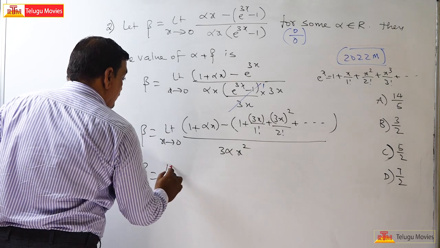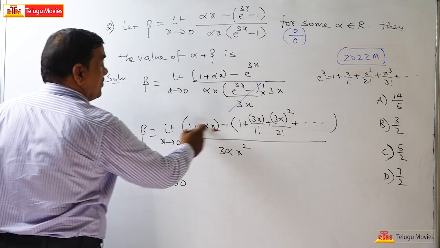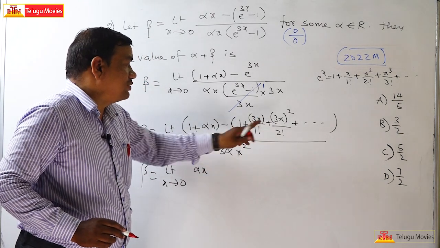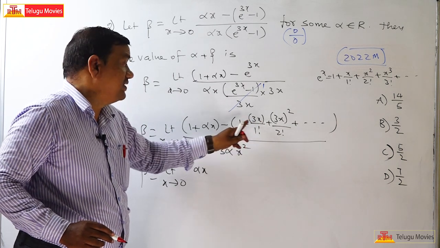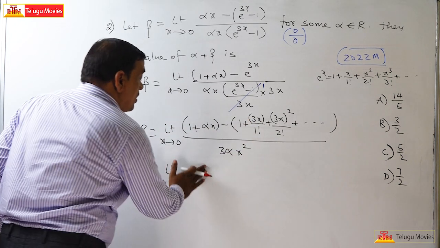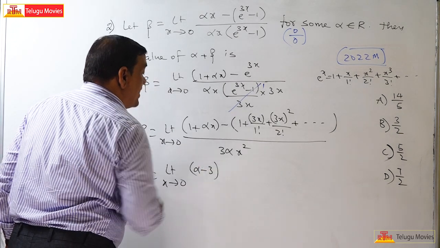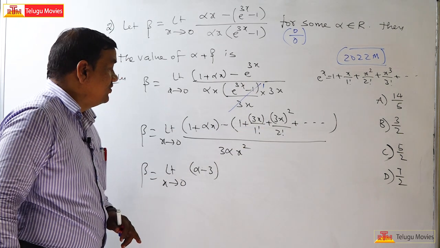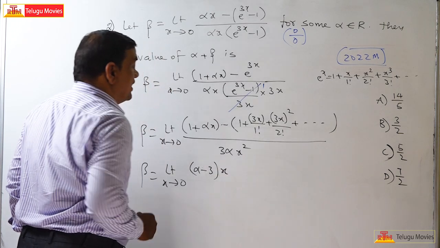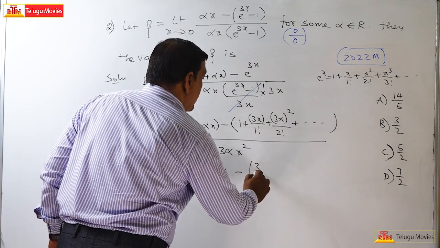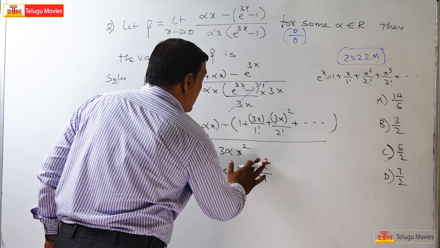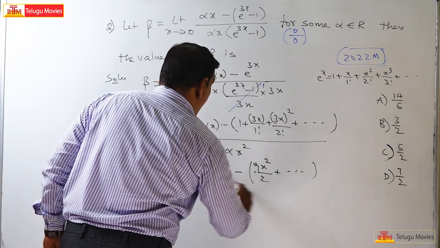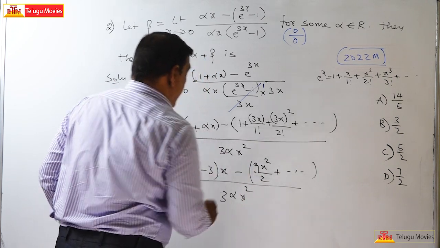So beta is equal to limit x tends to 0. Here 1 will cancel. Alpha x, then 3x by 1 factorial, which with the minus sign is minus 3x. We can take x common, giving alpha minus 3. So we can write minus of 3 square x square by 2 factorial, that is 9x square by 2, and so on, whole divided by 3 alpha x square.